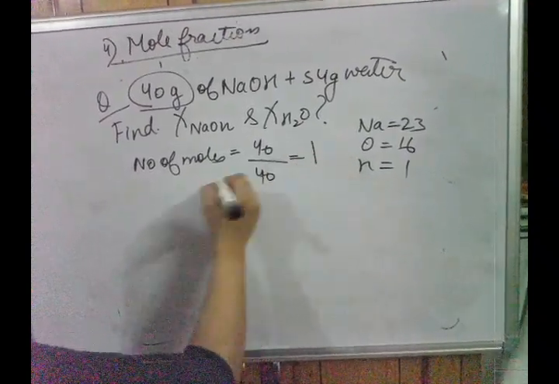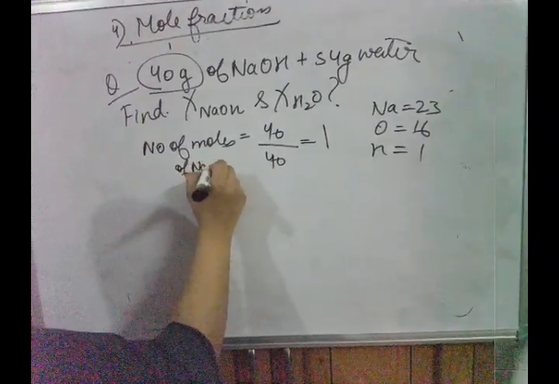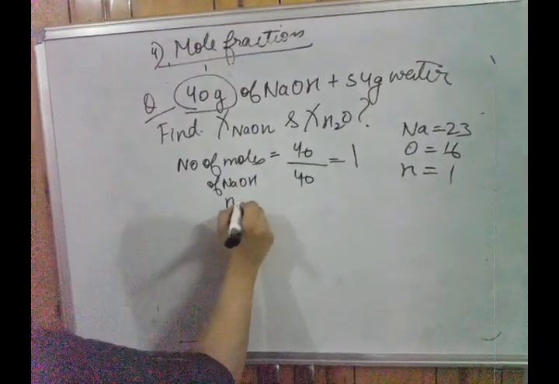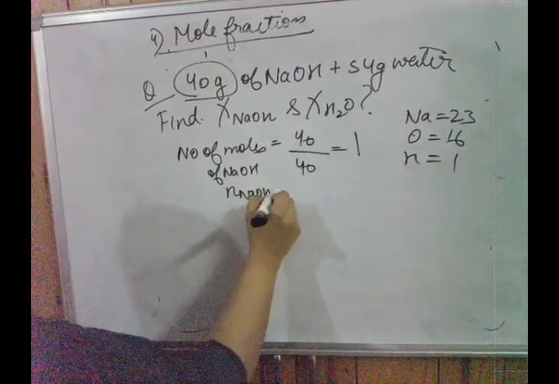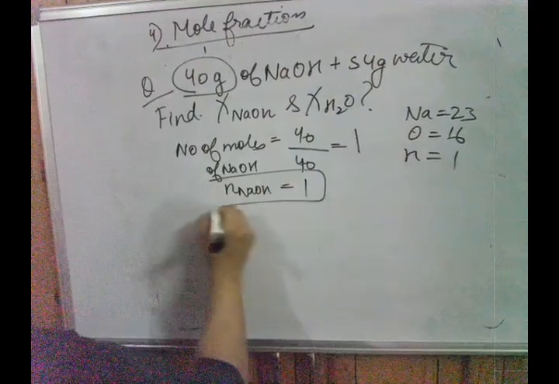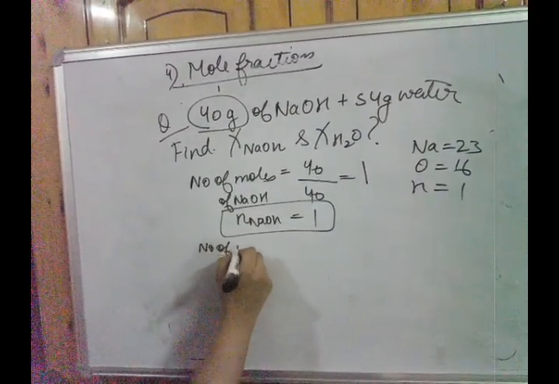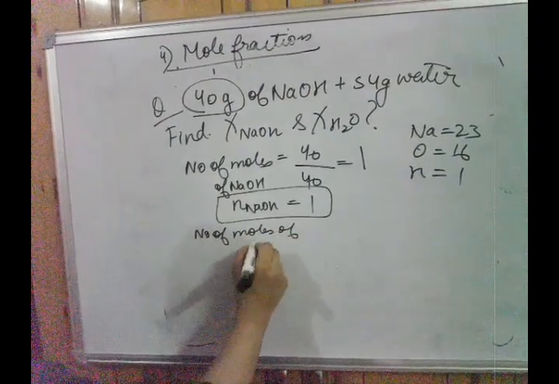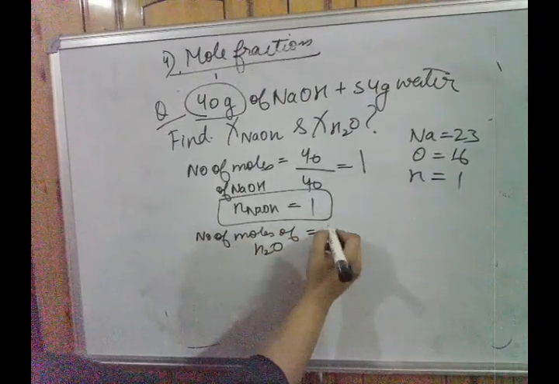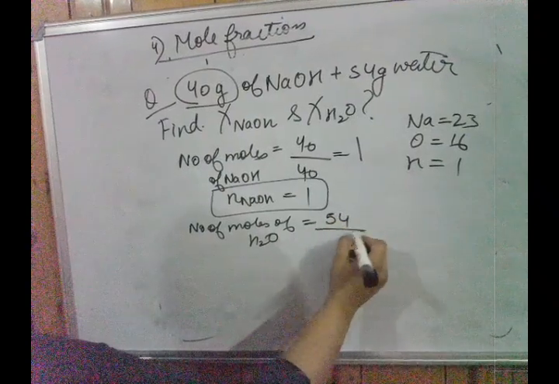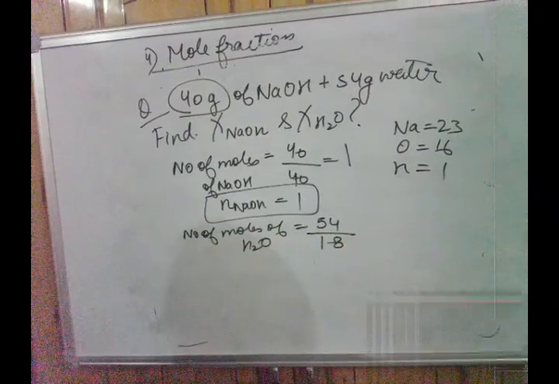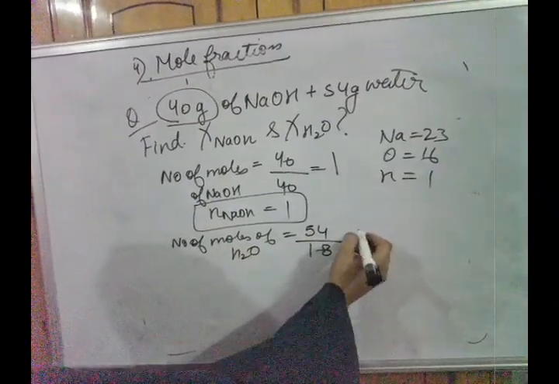So number of moles of NaOH, if we write like this, comes out to be 1. Now for number of moles of water, how many? Given mass is 54, then molar mass you know that is again 18, that comes out to be 3.